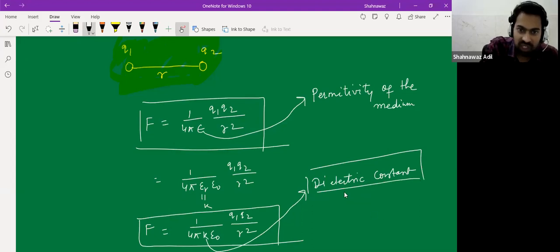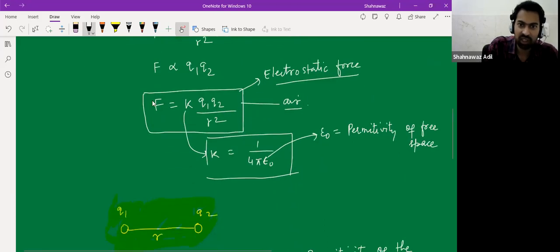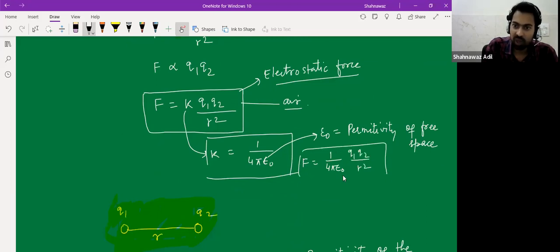So you see that in air, this was the force, right? So in air, what was the force? Force was 1 by 4 pi epsilon naught Q1 Q2 by R square, right? So this was for air. And you can see that 1 by 4 pi epsilon naught Q1 Q2 by R square comes here.